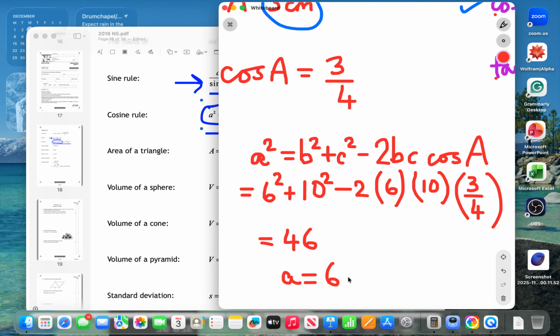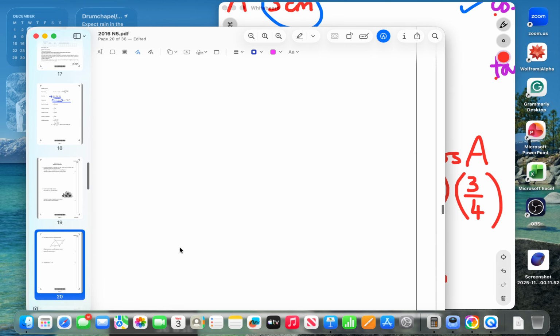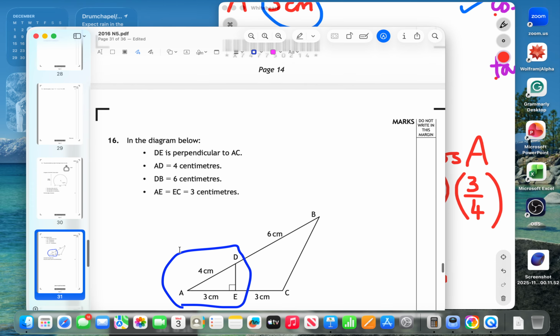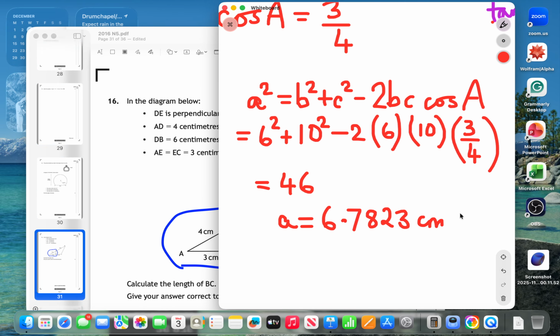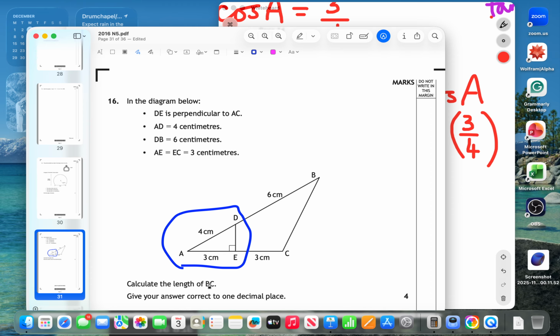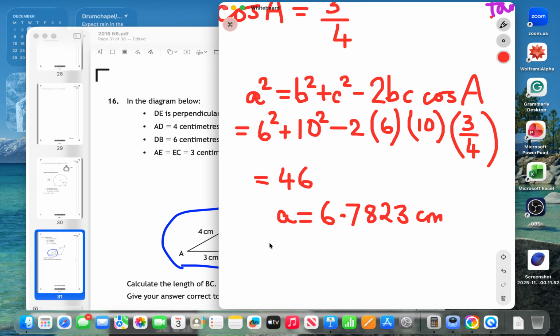This gives us 6.7823 centimetres. Now small a is BC, so it asks us to calculate the length of BC, so let's specify that this actually is BC.